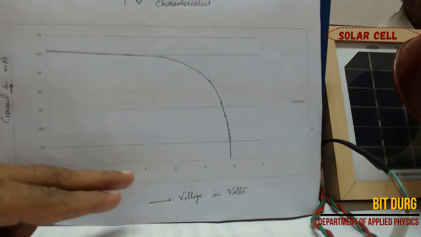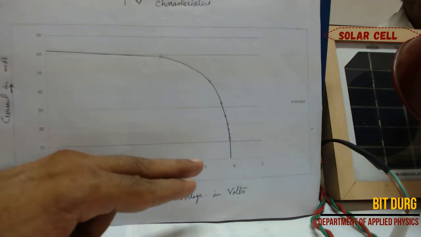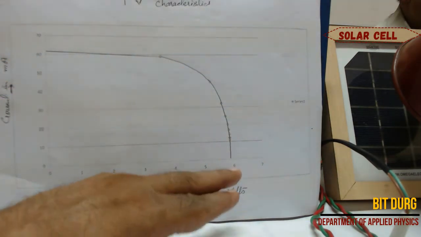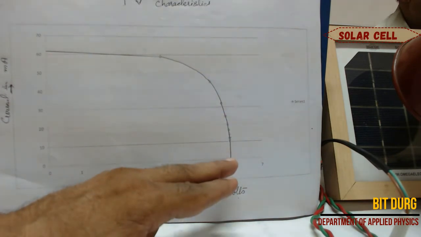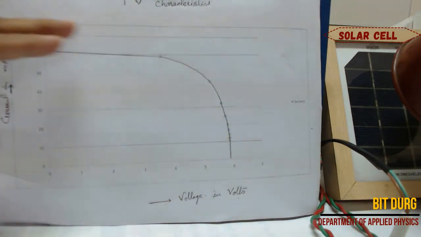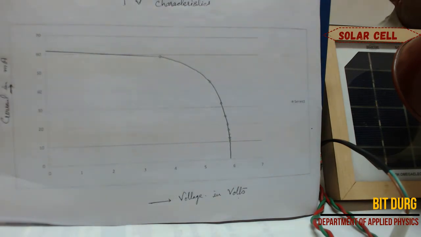As the potential across the cell goes on increasing, the current starts decreasing, and ultimately for infinite load it is going to touch the 0 milliampere region. So this will be the curve which is the IV characteristics of the solar cell.